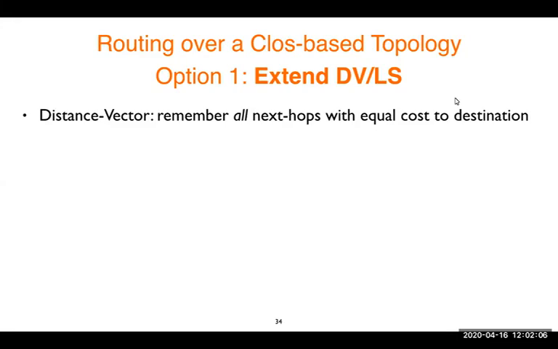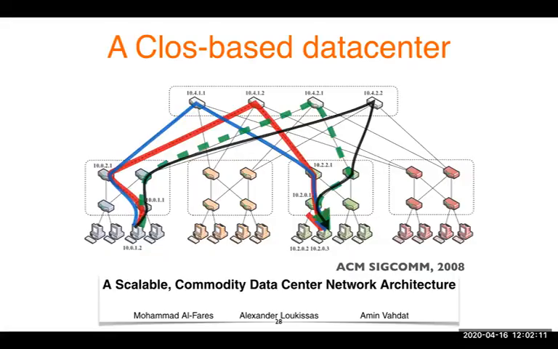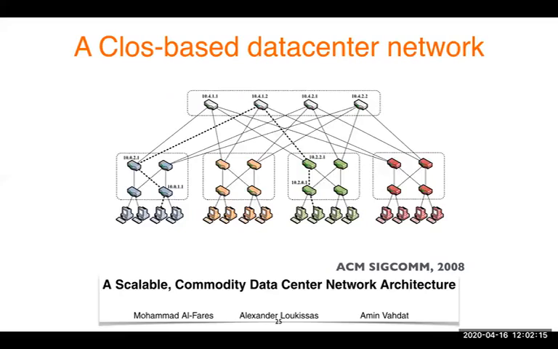If I go back to this figure here, not this one. If I go back and look at this one switch over here and think of its next hop going to any destination that's orange, green, or red, it has two possibilities, right?